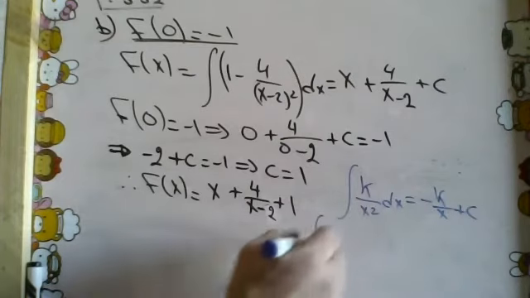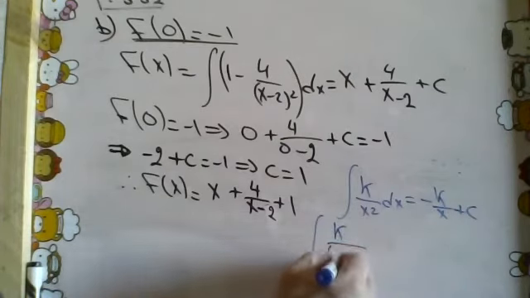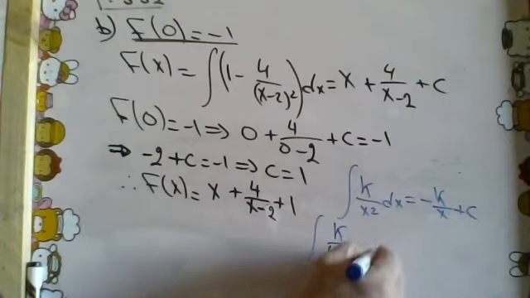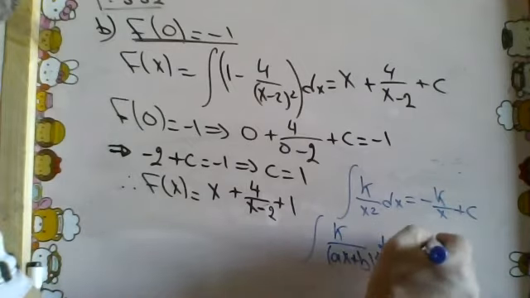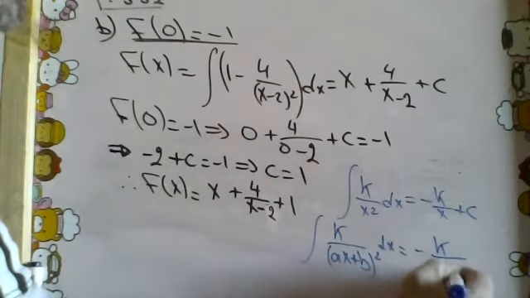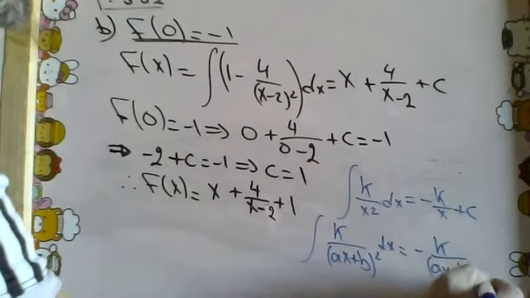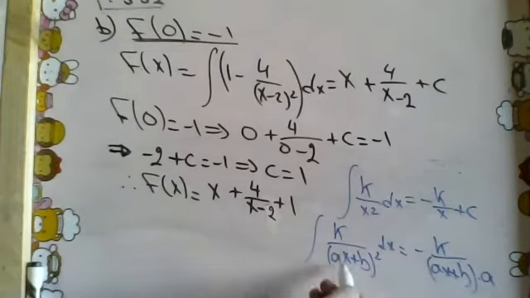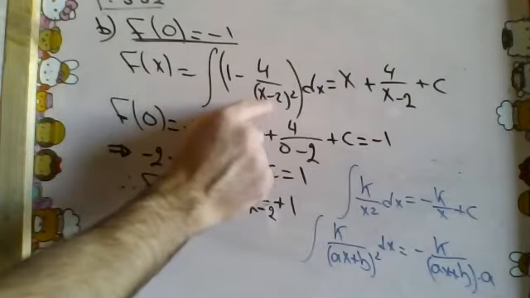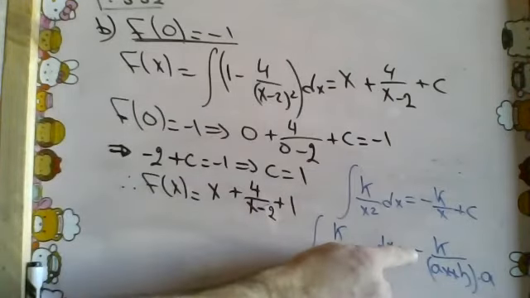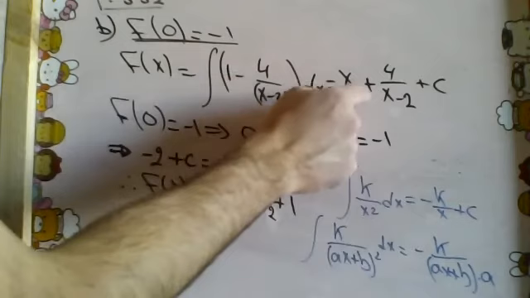In general, the integral of k over ax plus b, linear, squared, dx is negative k over ax plus b, multiplied by a, the coefficient of x, in case it is linear only. So here you have x minus 2, negative k, so negative 4 becomes positive 4.